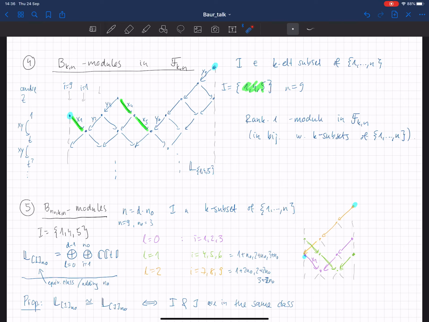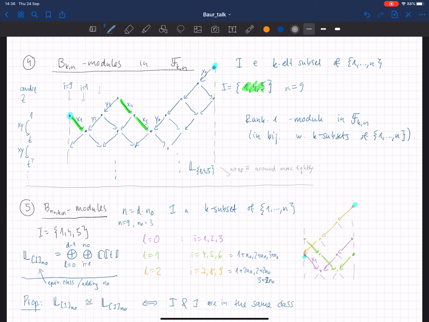Okay? Now I want to have modules for our new algebras, and in one way we can just use the picture from above, but wrap it around more tightly around the cylinder. And what does it mean?